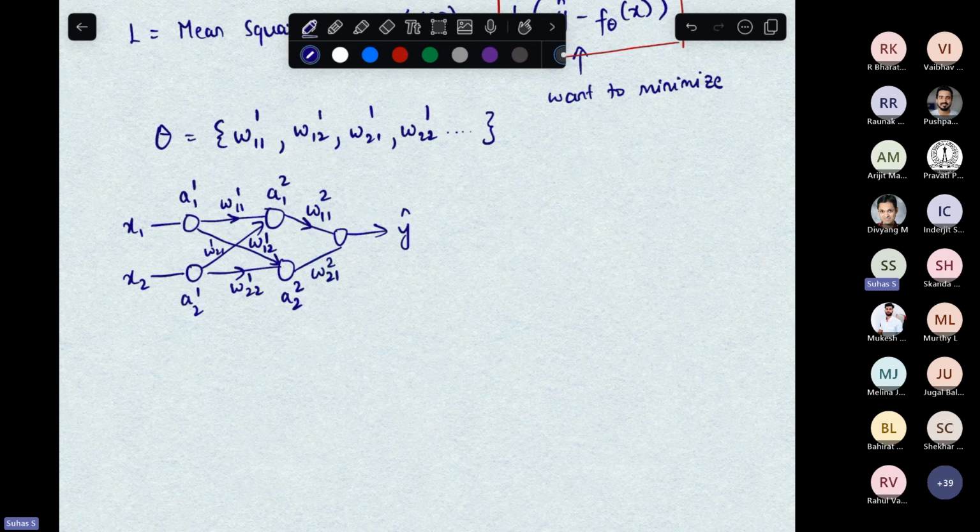So what we're going to do is assign some weights to these, and then we will see how this neural network is trained. Let me erase these and put the weights on top of the arrows.